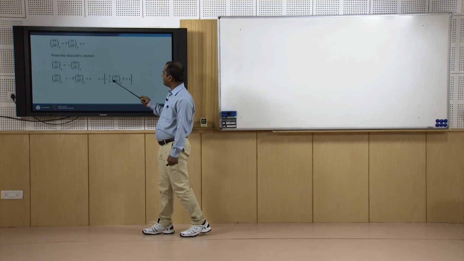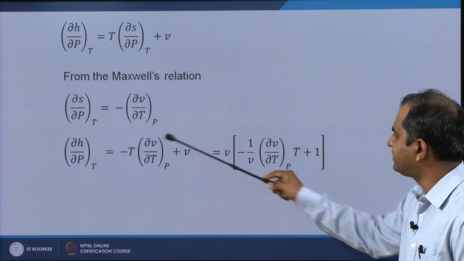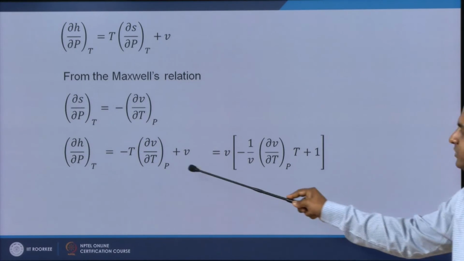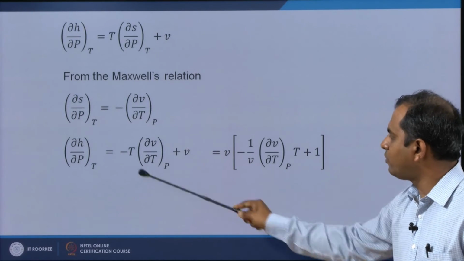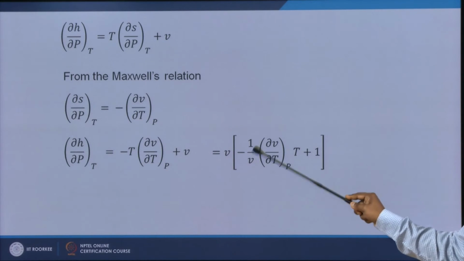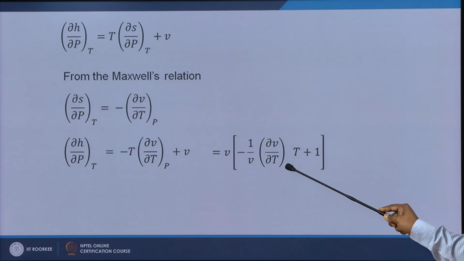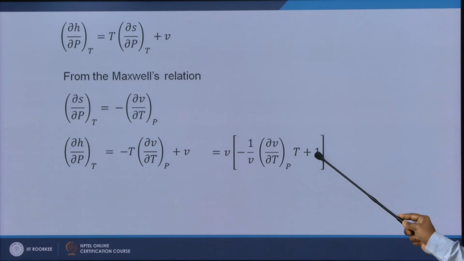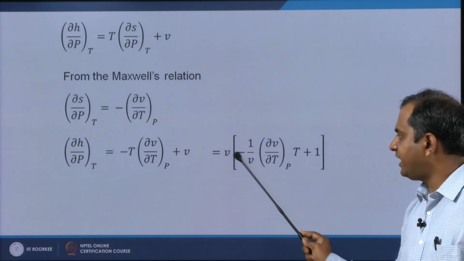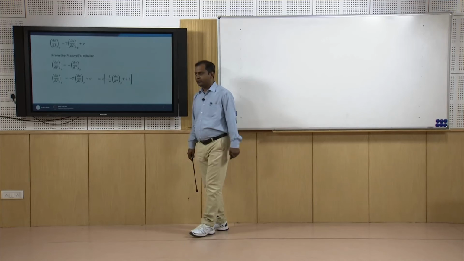What we are doing over here, we are taking V common from the right hand side. If you take a V out of these two terms, V comes over here. From the first term there was no V, so this is actually minus of 1/V into del V/del T at constant P. T will remain as usual, plus here was V, so as I have taken V out, this will be plus 1. Okay.